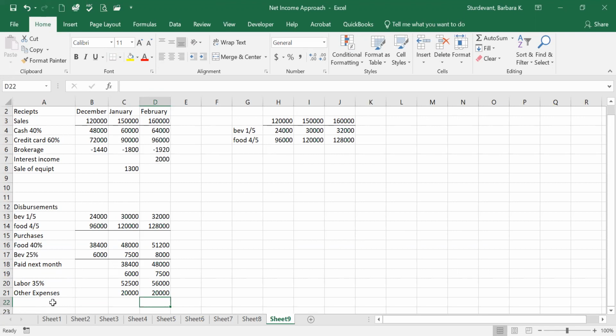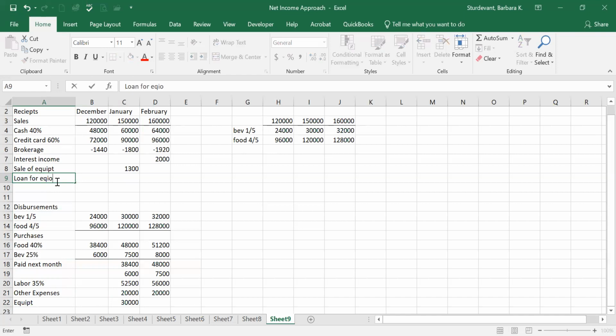January, 30,000 is expected to be spent on new equipment. Funding for that is coming in part from a loan, and make sure you do this way. Do not net them out.